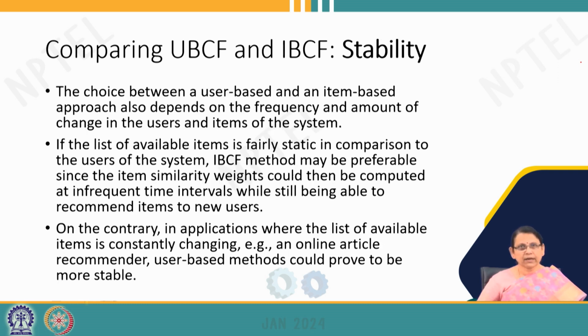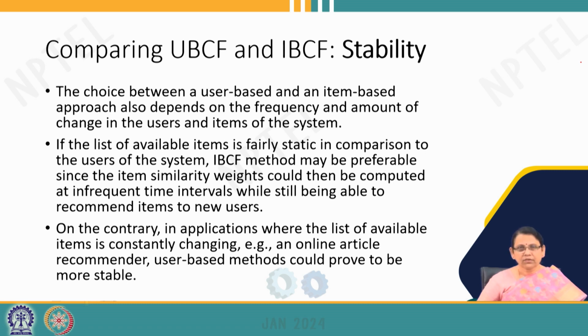Now, next we compare both based on another metric called stability. Now, what is stability? How fast the recommendation process will change. So, if you have to choose between user based and item based approach, it depends on how frequently the amount of information changes.